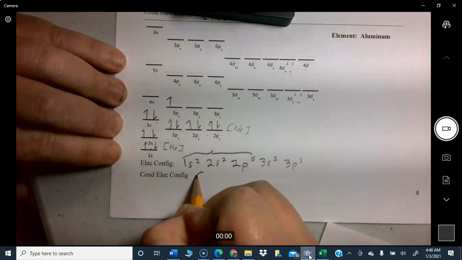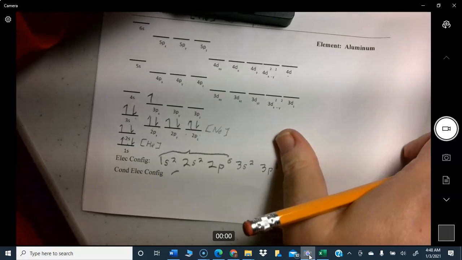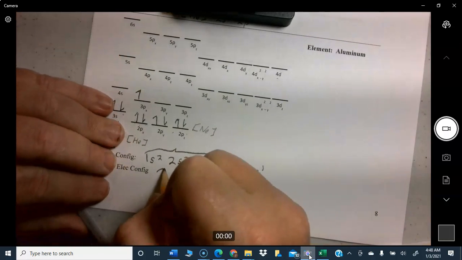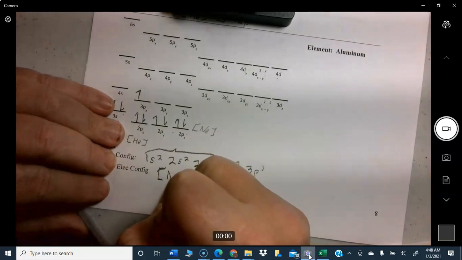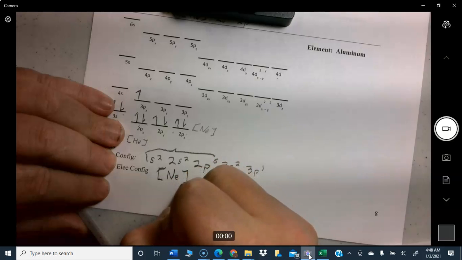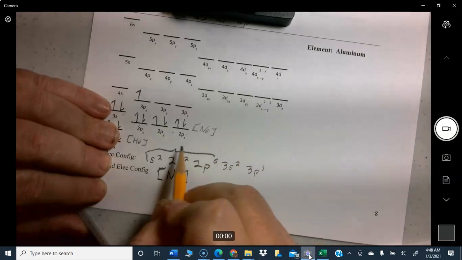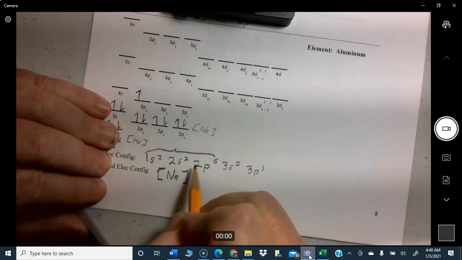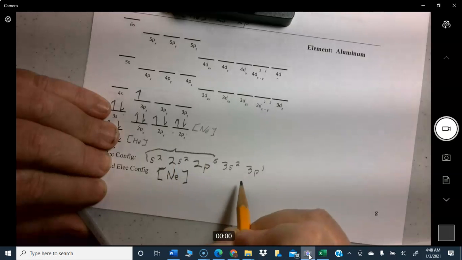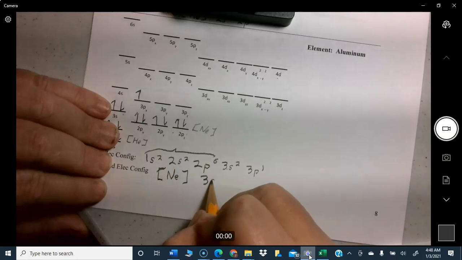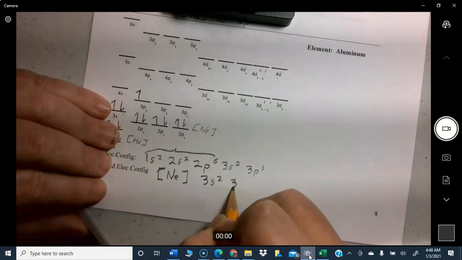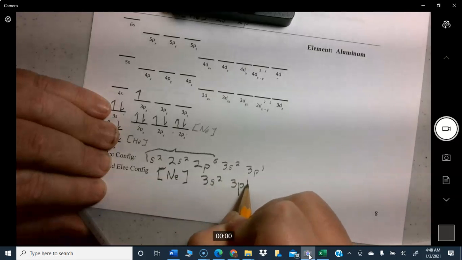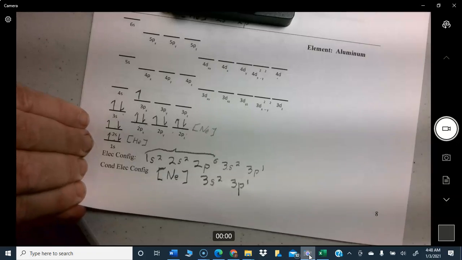So we're just going to start with neon. Okay, and then we're going to take everything else that's not part of the neon configuration. So it's 3s2, 3p1. Okay, and that's it. That's how you do that.